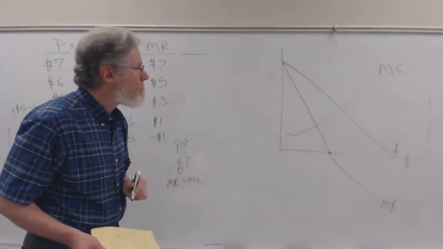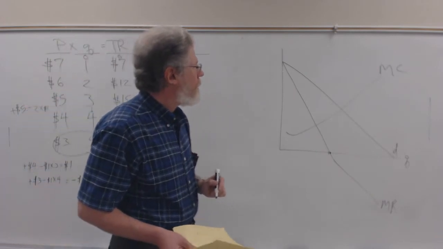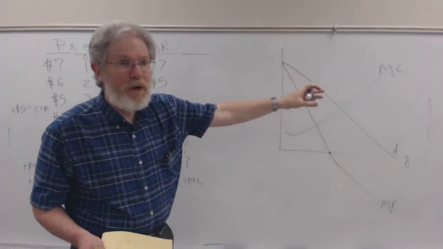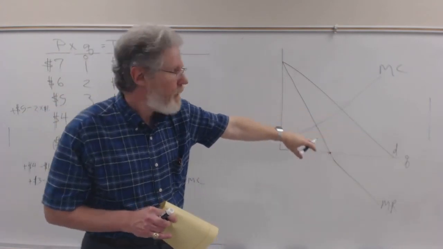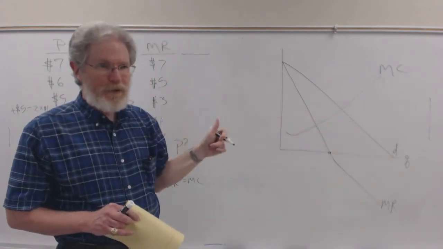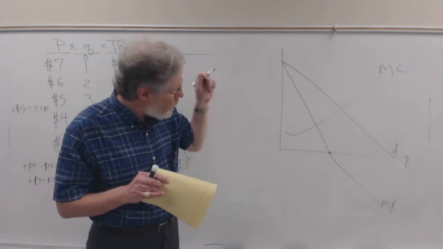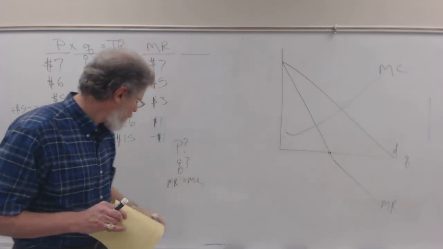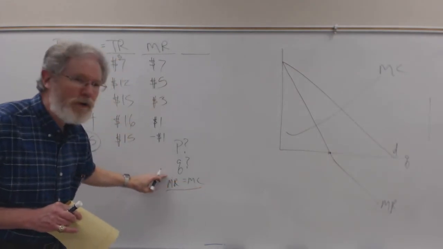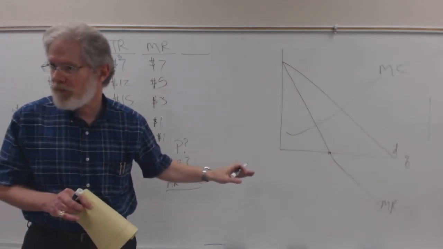And of course, there's going to be an average total cost, there's going to be average variable cost. I'll leave those out for now. First thing you do is figure out what quantity to produce, the ideal quantity, where MR and MC are equal.